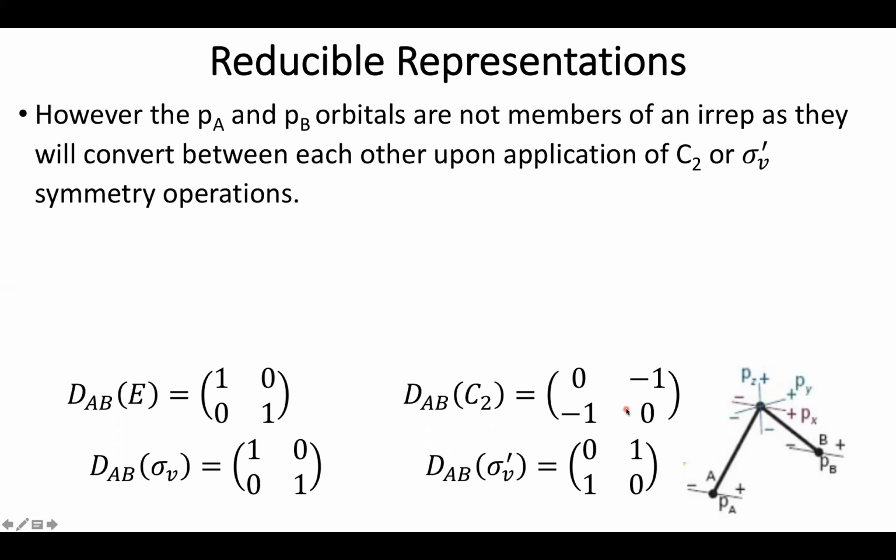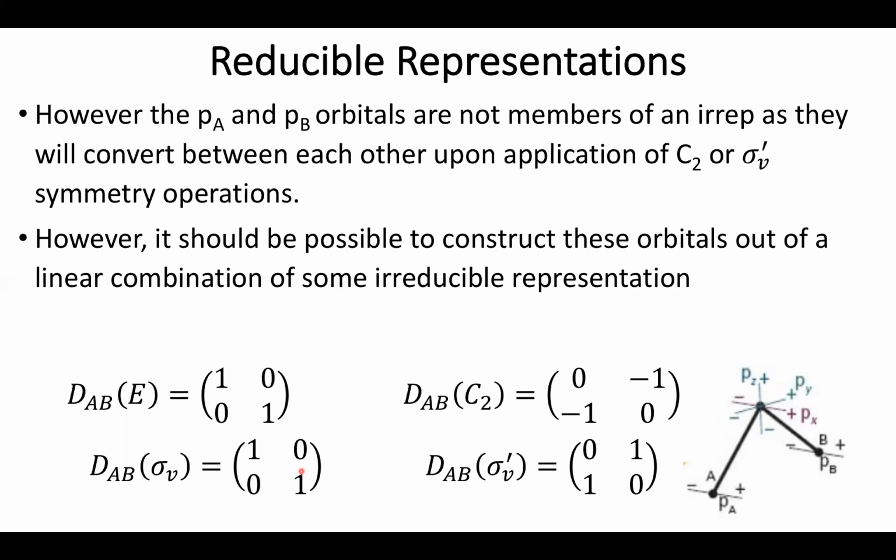But for now, we are actually quite lucky, as it is entirely possible to diagonalize each of these four matrices, which means, it turns out, eigenvalues and eigenvectors come into favor, once again. And it happens with our good friends, linear combinations. So it turns out that I can construct PA and PB orbitals out of some linear combination of my irreducible representations.